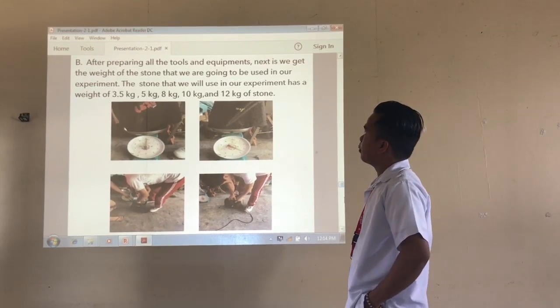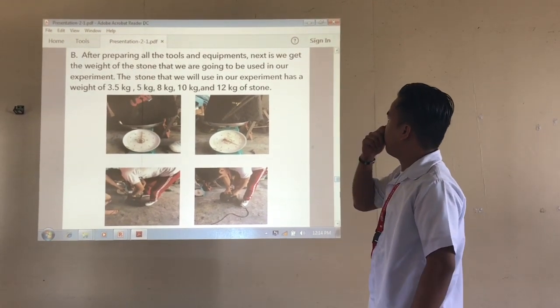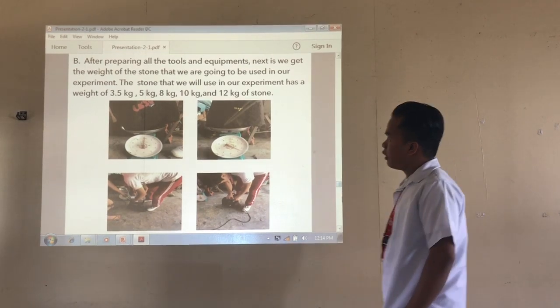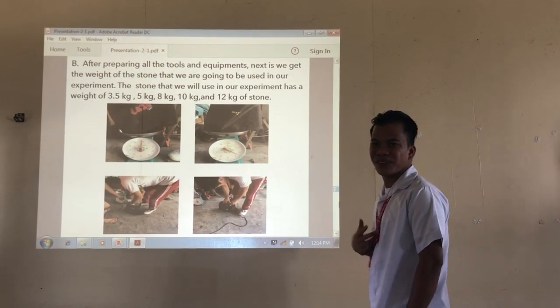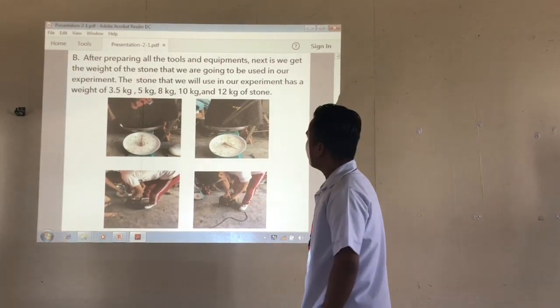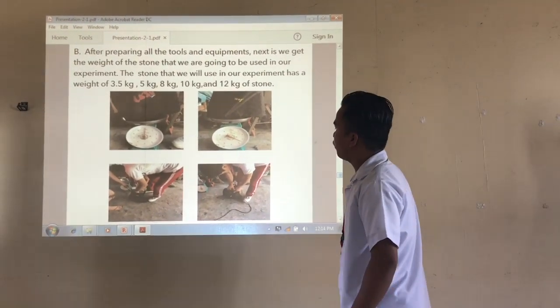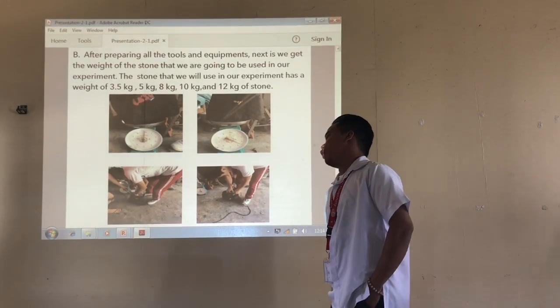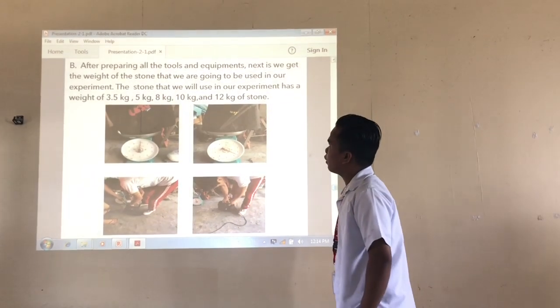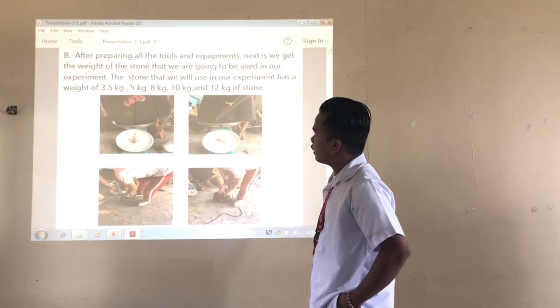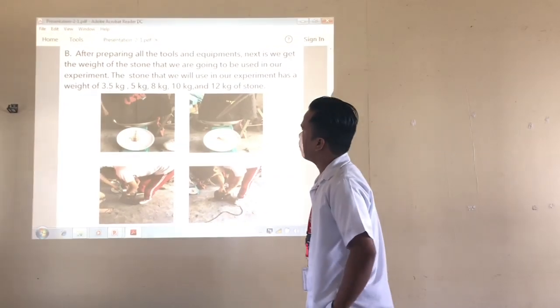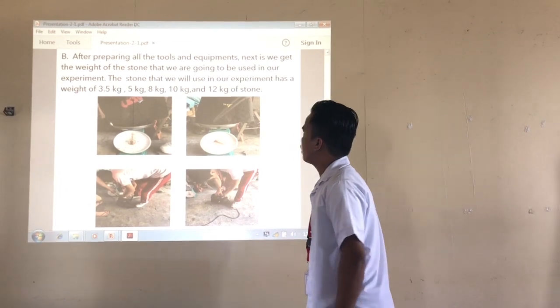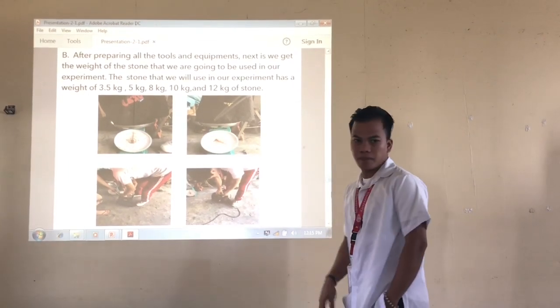Next is after preparing all the tools and equipment, we measure the weight of different stone that we are going to use in our experiment. The weight that we are find out is 3.5 kilogram, 5 kilogram, 8 kilogram, 10 kilogram, and 12 kilogram of stone.